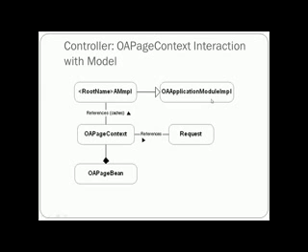OAApplicationModuleImpl is a standard class which is inherited into our custom one, and then it refers to OAPageContext because it holds all the information, and the whole page is considered a bean. The OAF page is considered a page bean. So the OAPageBean refers to OAPageContext in order to get a request forward.